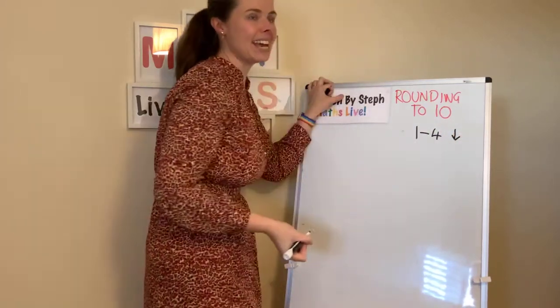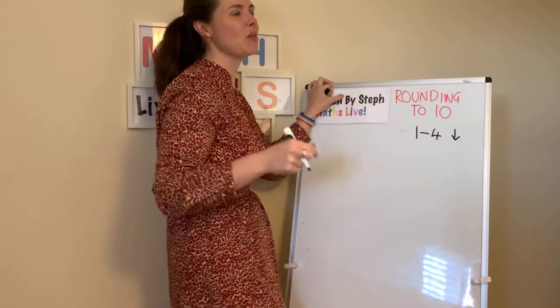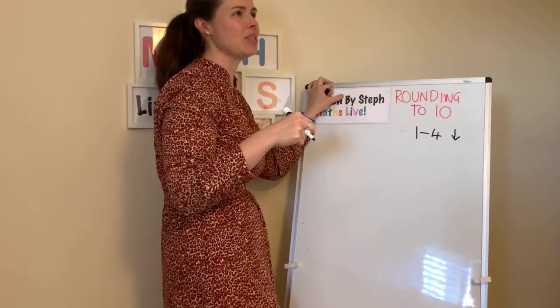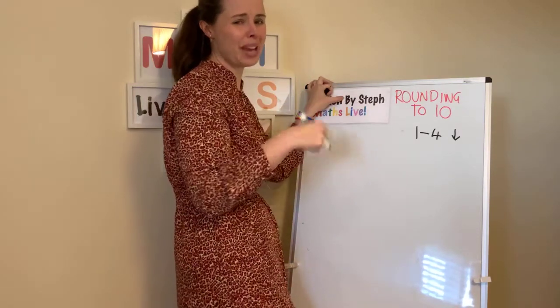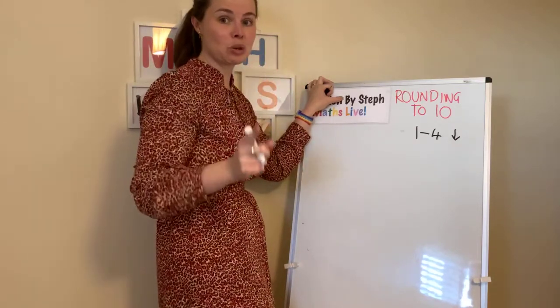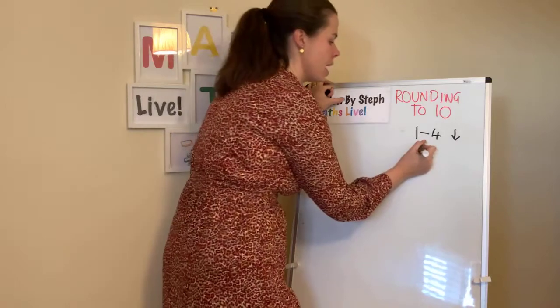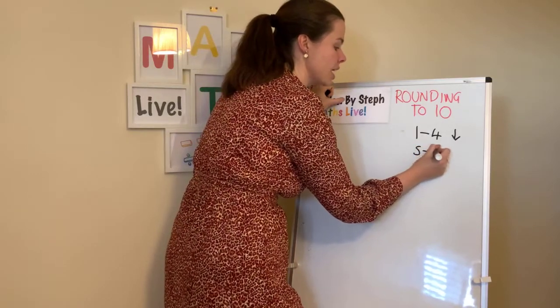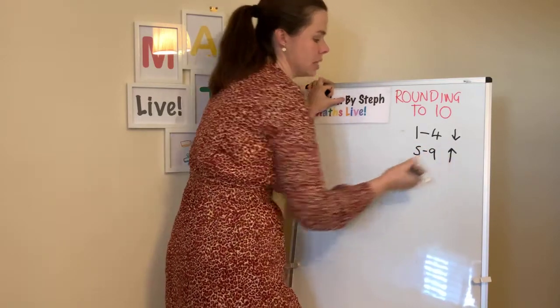I say stick because sometimes if you say round down, you're accidentally going down to the 10 below the one you're in, or the 100 below the one you're in. So I say stick to the one you're in. You'll see what I mean in a minute. If it's 5 to 9, you go up to the nearest 10.